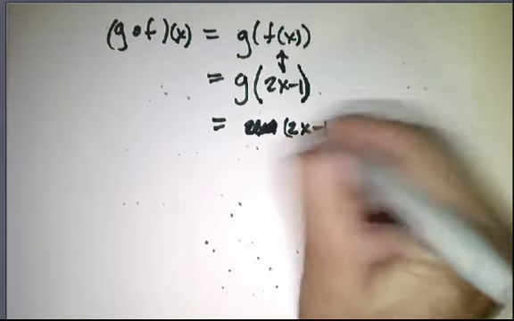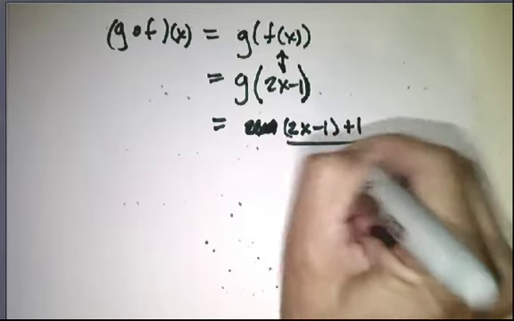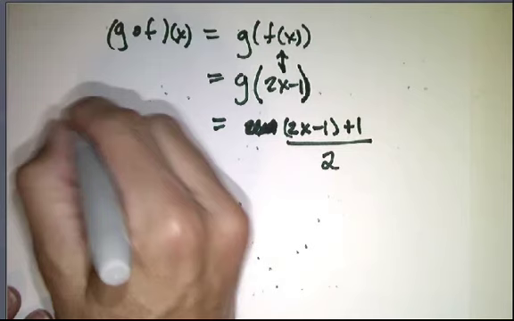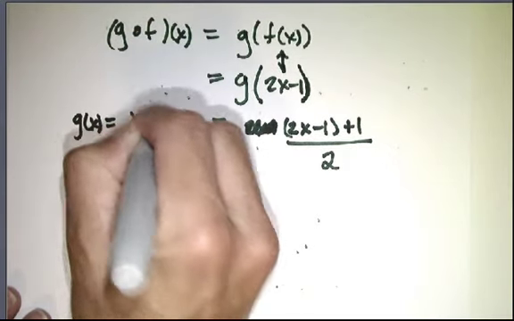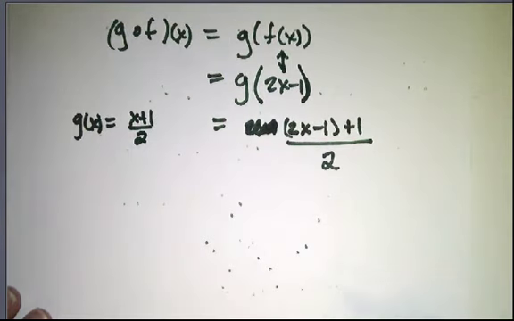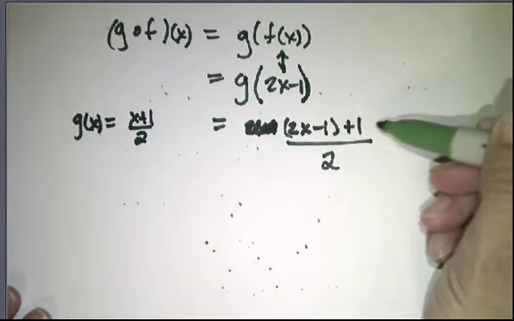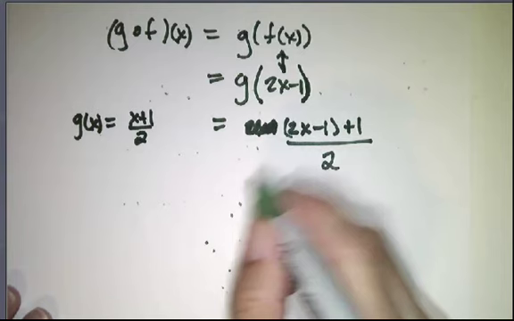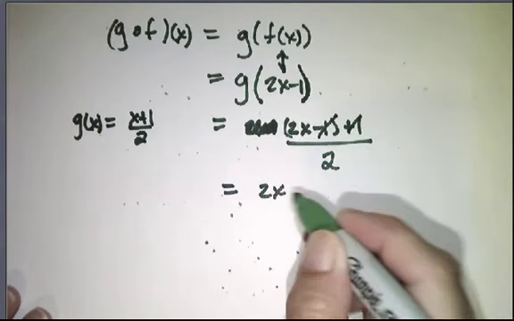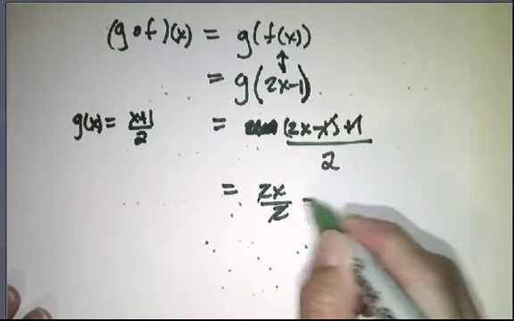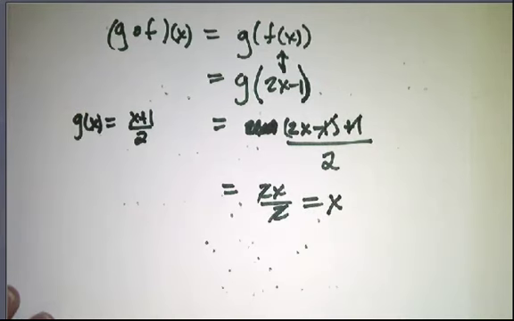2x minus 1 plus 1 over 2, because recall that g of x, whatever was in its parentheses, added it to 1 and then divided by 2. So this is in its parentheses, so add it to 1, now divide it by 2. And let's reduce. Those 1's up here cancel, and I'm left with 2x over 2, and that equals x.